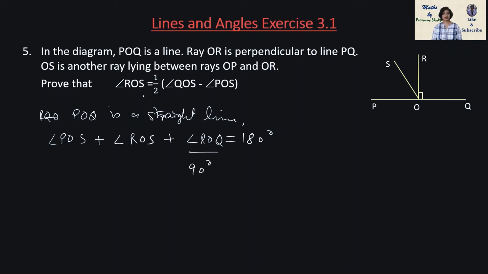And here ROS is the same, POS is the same. So here we can write angle POS plus angle ROS plus 90 degrees equals 180 degrees. So you can write angle POS plus angle ROS equals 90 degrees.